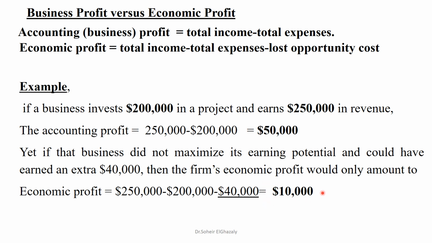I'm going to take care next time not to lose 40,000, because I'm telling myself 50,000 is not my profit. The economic profit, as an economist, is only 10,000. So we did not use the opportunity cost right. We did not use the extra earnings that we should have, which is 40,000.